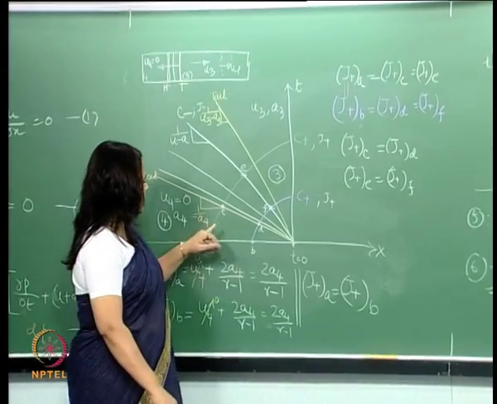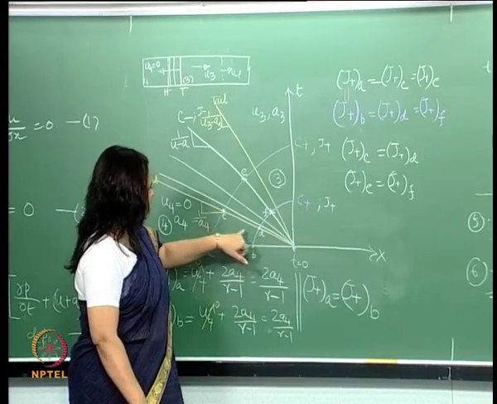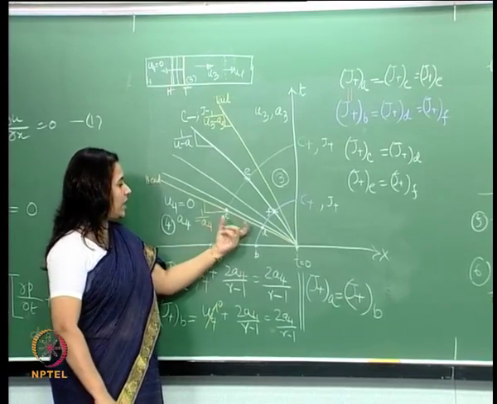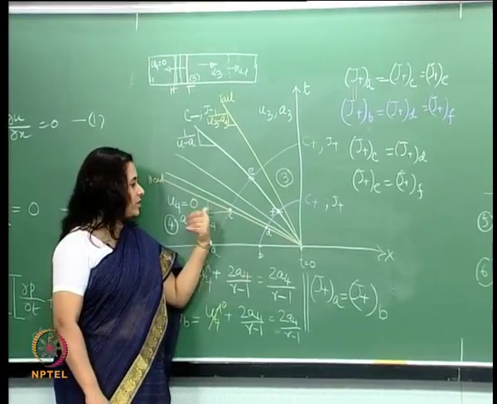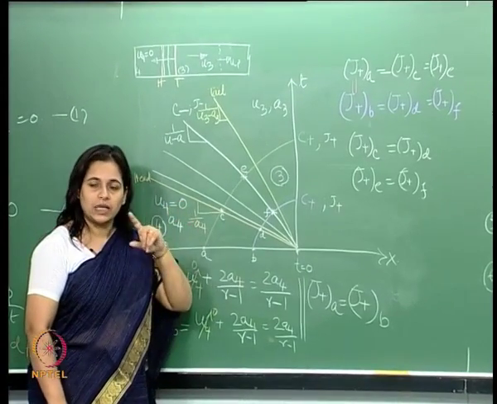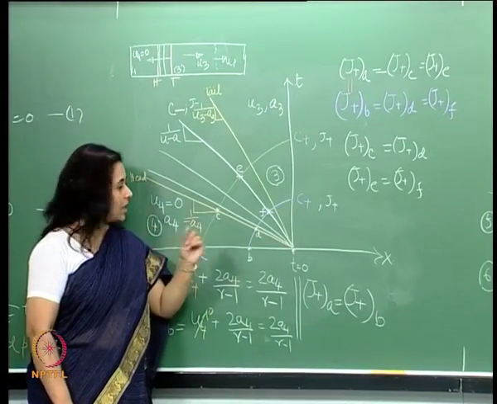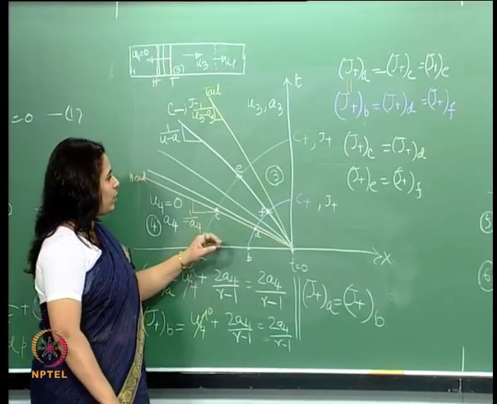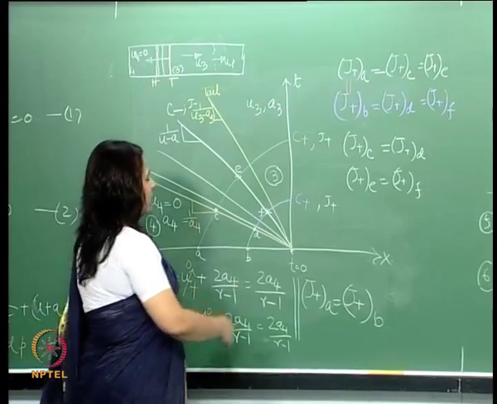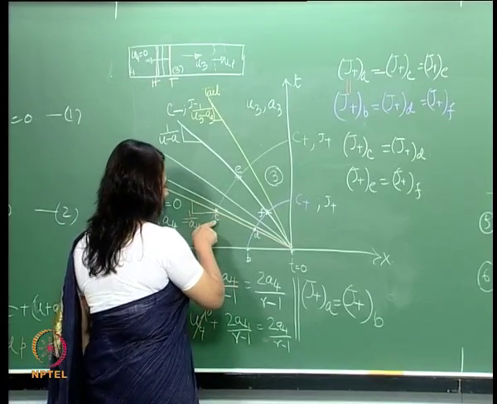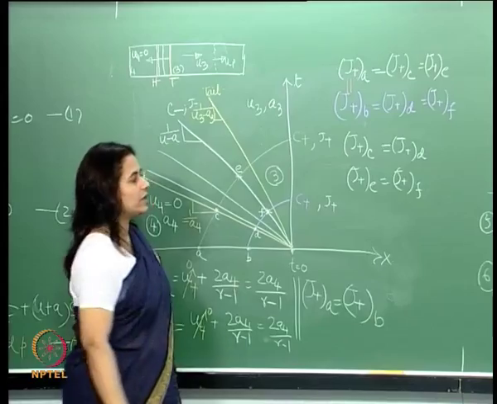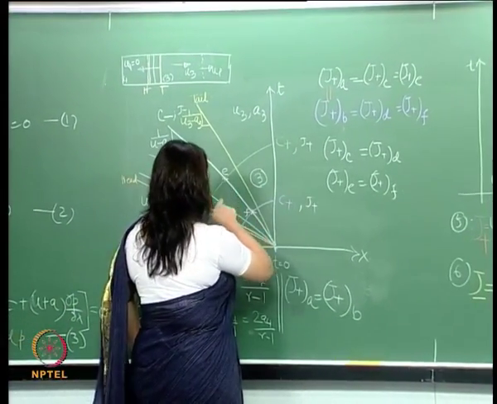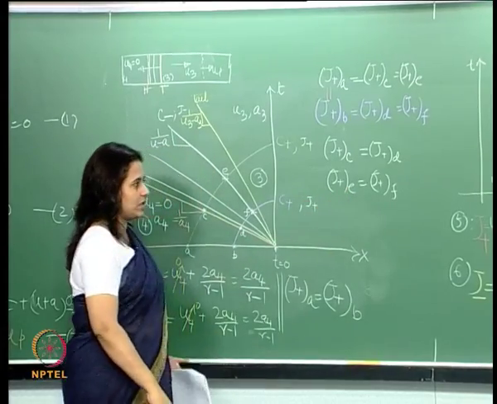So these 2 locations C and D lie on the same C minus characteristic, but they lie on 2 different C plus characteristics, right? And what we are able to see here is that for this particular case, J plus of C is equal to J plus of D, right?